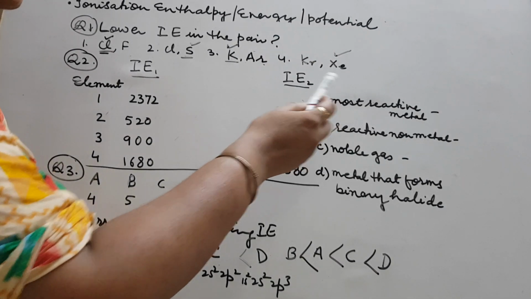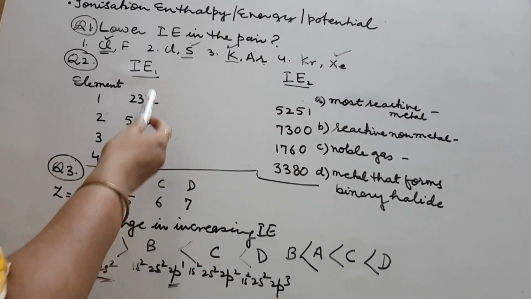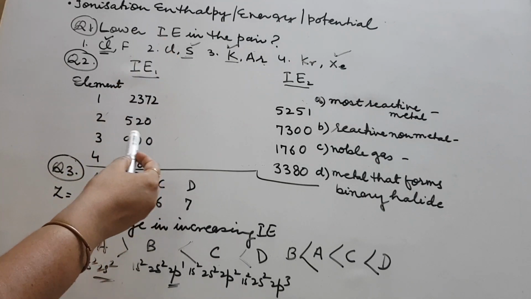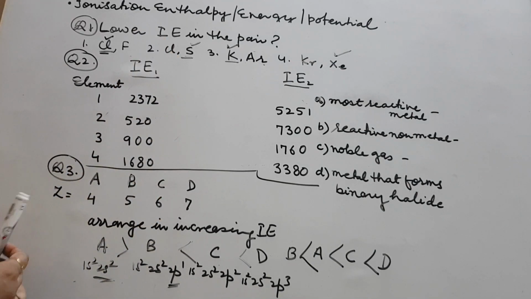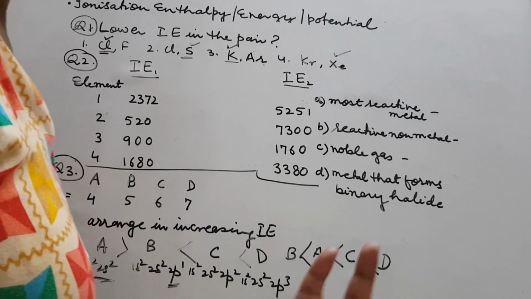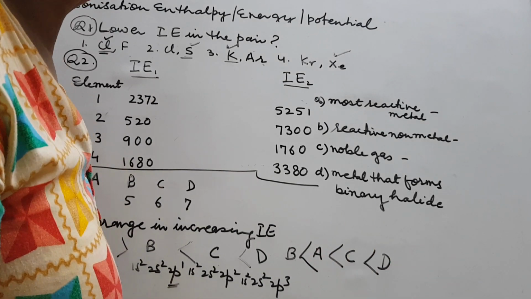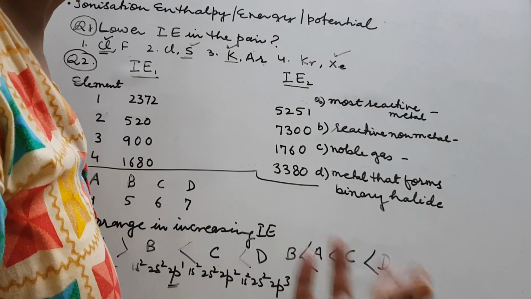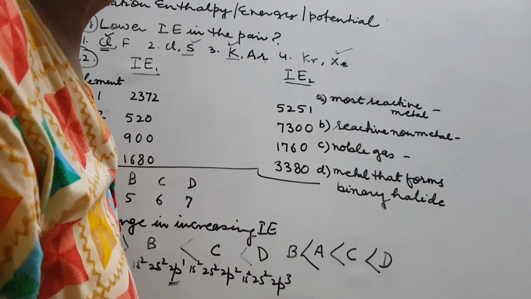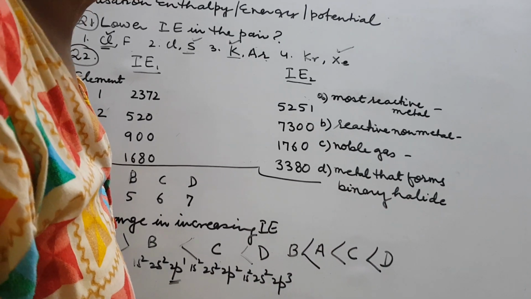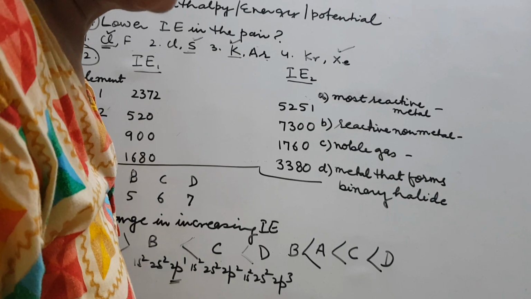So we have to see first most reactive metal. So whichever has the lowest value of IE will be our most reactive metal, because what are metals? You know from lower classes, any element which has tendency to give out electron or electrons is called a metal. Or say metals are electropositive elements, you all know.